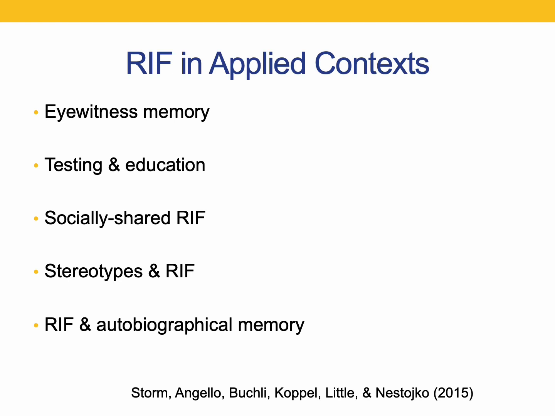You're also going to read about socially shared retrieval-induced forgetting, the fact that it happens both for people actively retrieving the information and for people simply observing that process. You'll also read about stereotypes and how those get strengthened and weakened as a result of retrieval-induced forgetting, and about retrieval-induced forgetting and autobiographical memory.